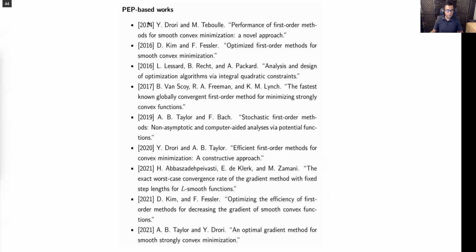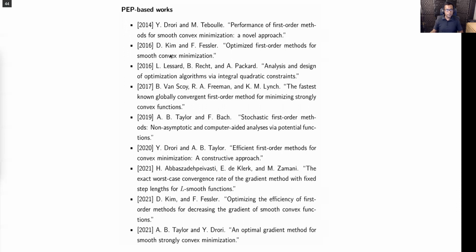The field of PEP was actually started by Yoel Drori and Marc Teboulle in 2014 in this seminal math programming paper. After that, over the years, there have been a few works that try to discover better methods using PEP methodology. Among those notable works is the work by Kim and Fessler, where they found an analytical solution of OGM that was proposed numerically by Drori and Teboulle.